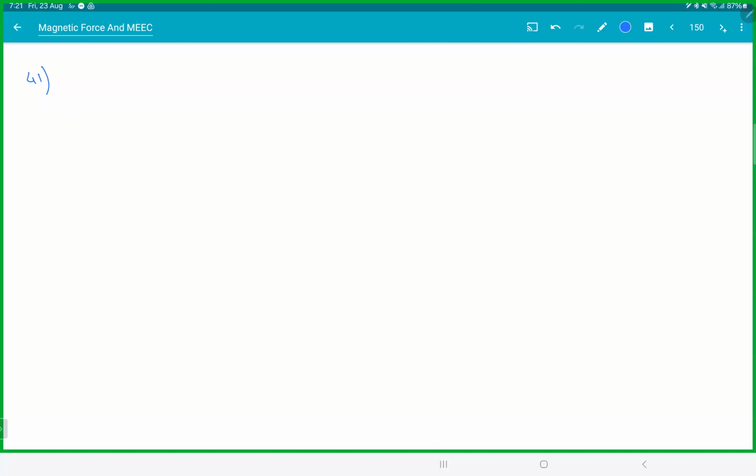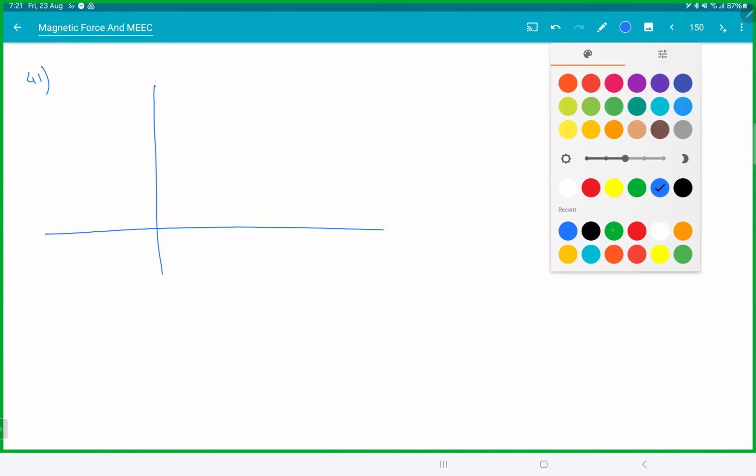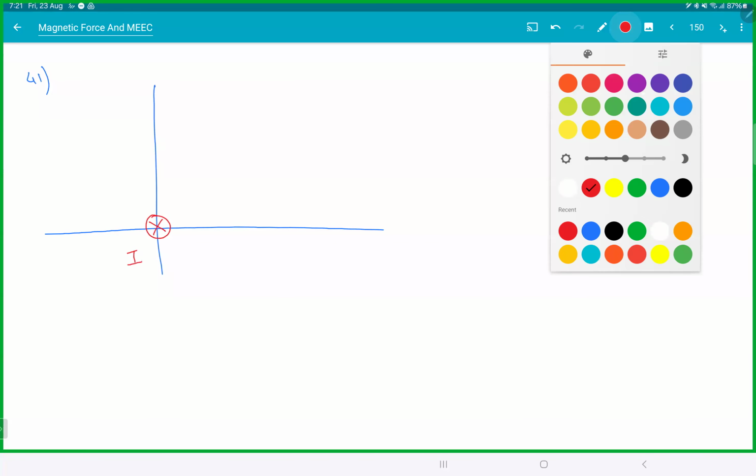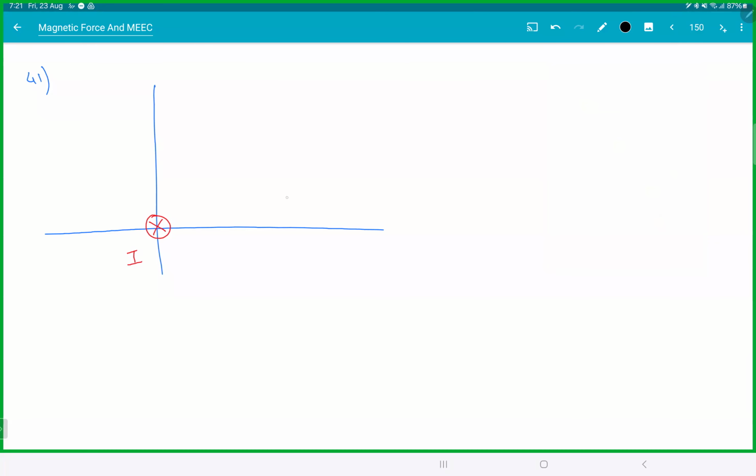So let's see one question. Suppose we have a current wire I here. Let's say we have a loop A, B, C and D like this.